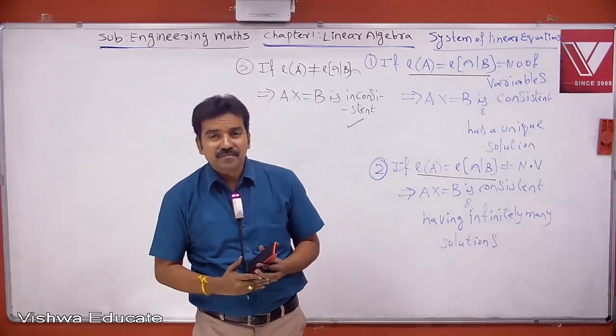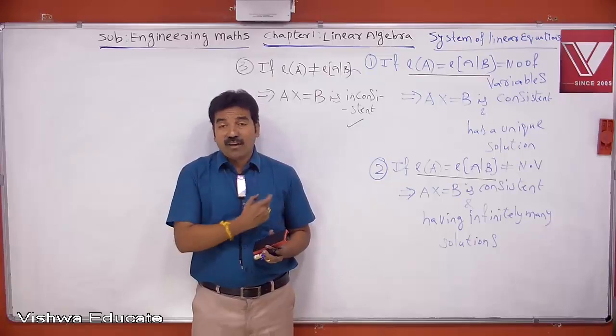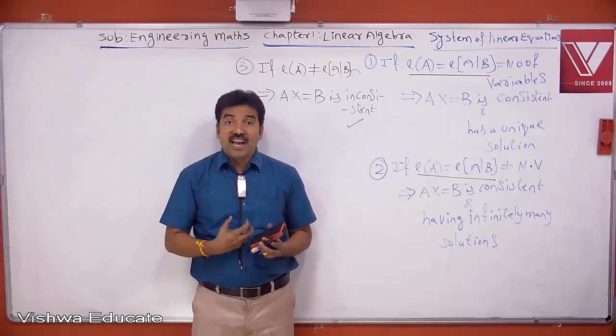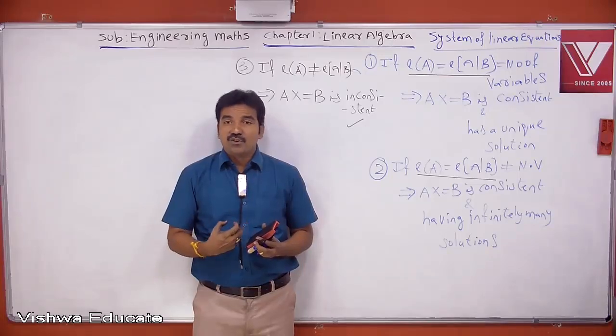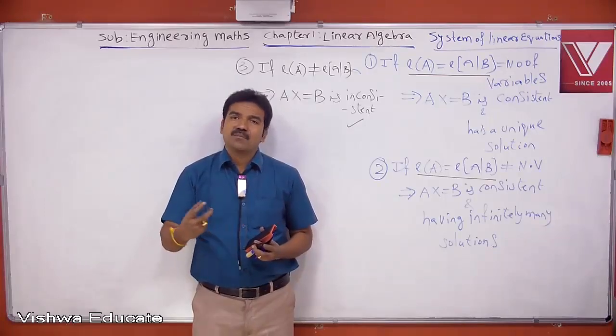In that case, if you want to analyze a system of linear equations, rank is a powerful technique. See, I have 400 equations and 1000 variables. In order to analyze its consistency, I don't go for all the other things. I will go for writing some code.